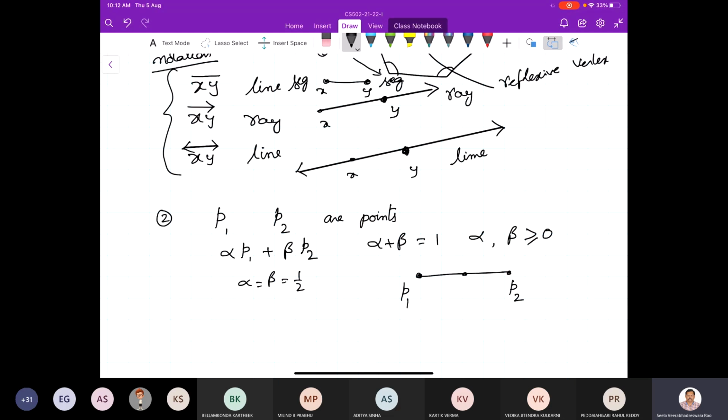Okay, so if you change the values by satisfying these two conditions, we will get all the points within this line segment.